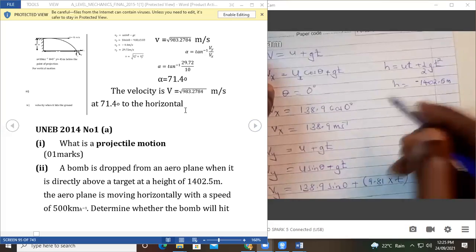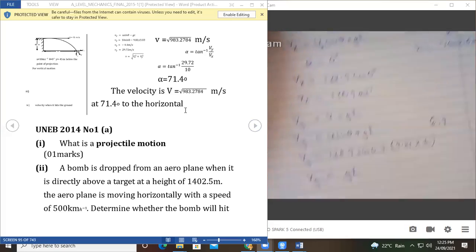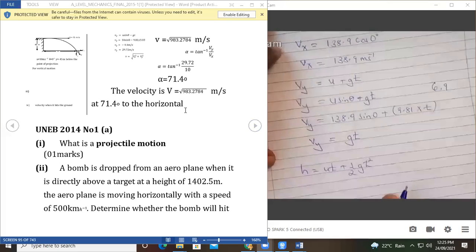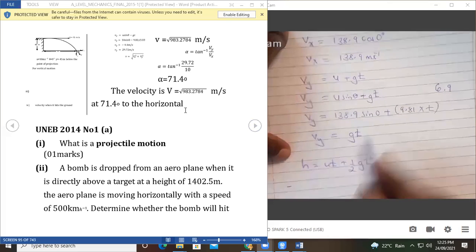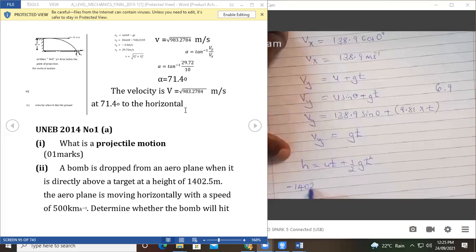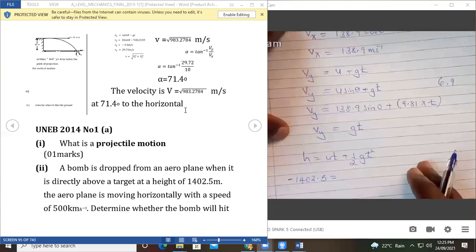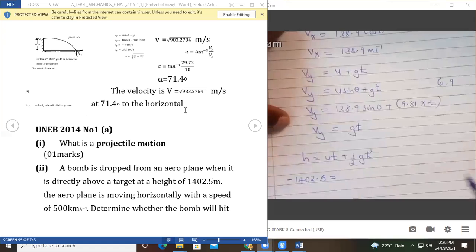So let's substitute and we see. Hey, you people, I thought you have done that already. So we shall have h equals ut plus a half dt squared. So our height, which is negative 1,402.5, equals, what is our initial velocity? 138.89.